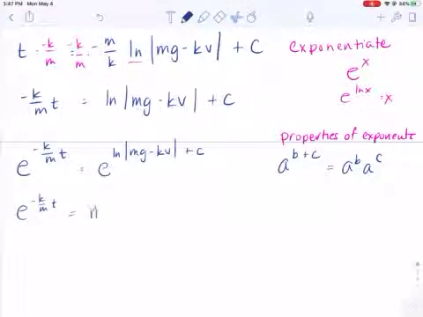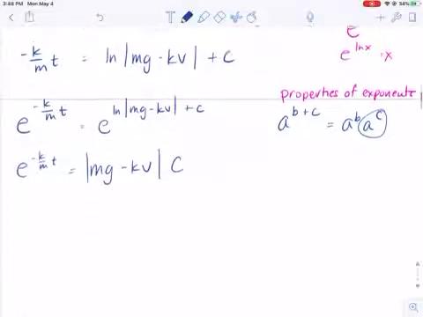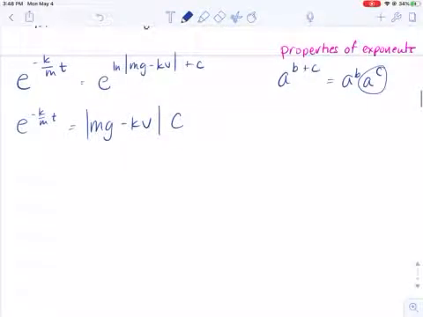equals mg minus kv times some constant, and this constant keeps changing, but I'm just going to roll with it. In the textbook version, it's a little more careful. It keeps track of which version of the constant it's on, but I'm just going to keep it as a c.